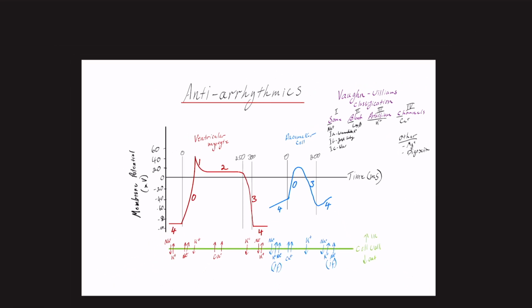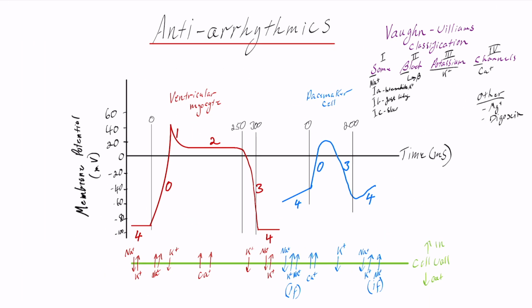So if we come back to our graph here and we look at where each of these different medications affect either the myocyte or the pacemaker cell, if we start with our sodium channel blockers, we can see that in our ventricular myocyte, the depolarization period is dominated by sodium channel influx.